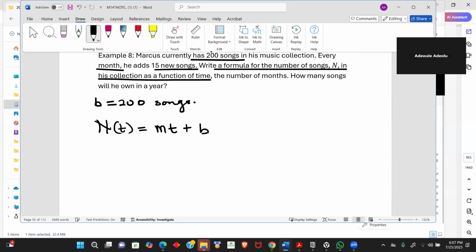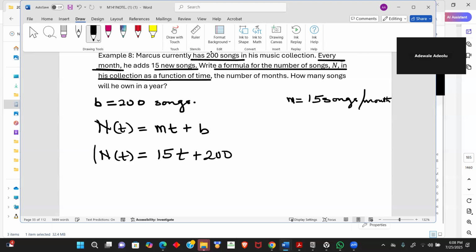So plus the starting point B. Now, n of t is, what is the slope? Well, we have the slope. Every month, it has 15 songs. So the rate is 15 songs per month. Does that make sense? Our slope is 15 songs per month. So we have 15, then plus what it currently has, which is 200. So that is the formula that models Marcus's situation.